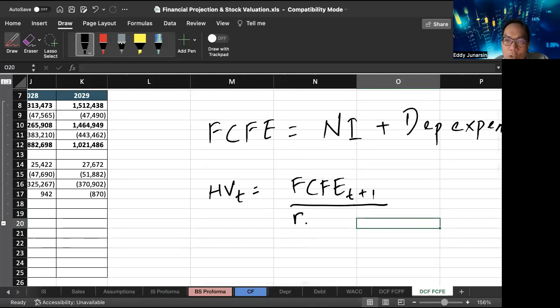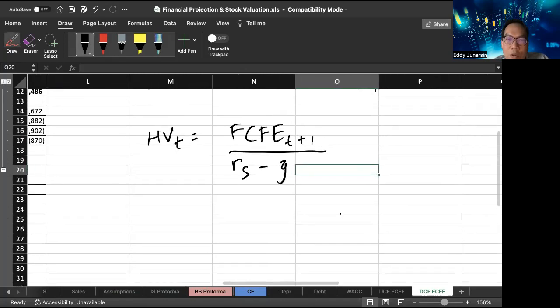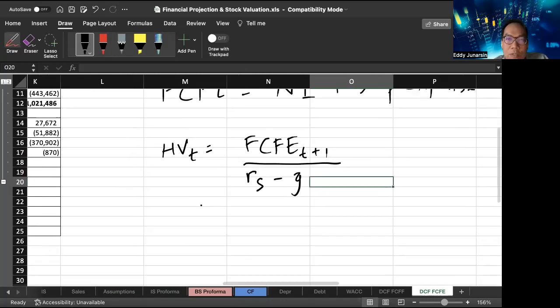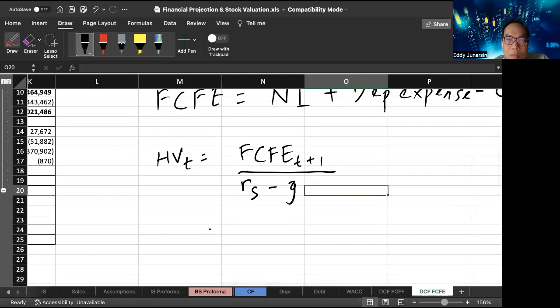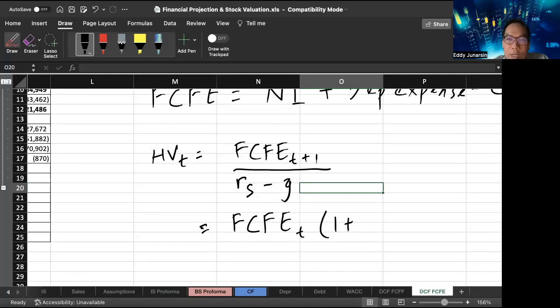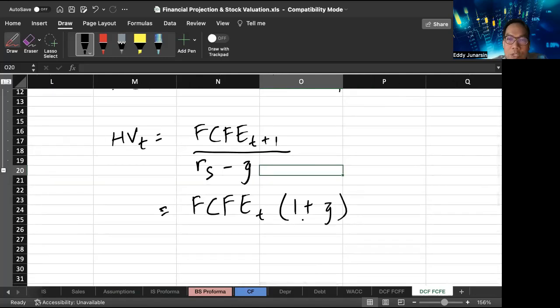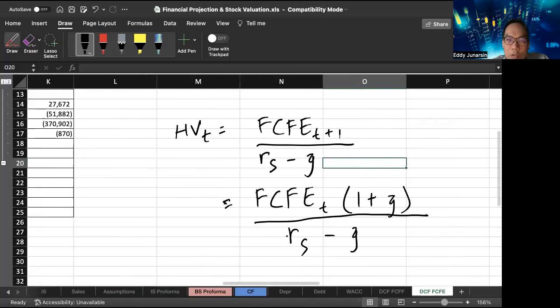Now we are using the cost of equity minus the constant growth rate forever. So we can say this is free cash flow to equity holders, time t, growing by a certain growth rate, divided by cost of equity minus the constant growth forever.